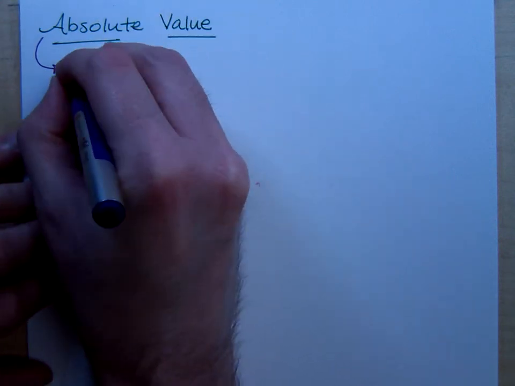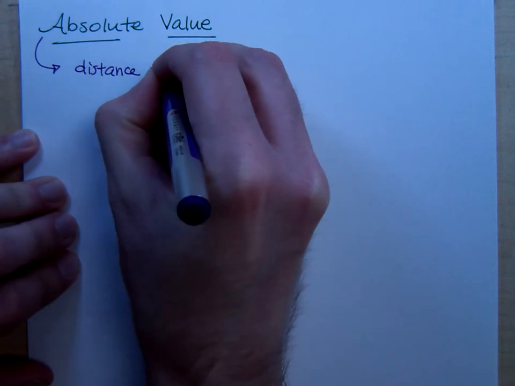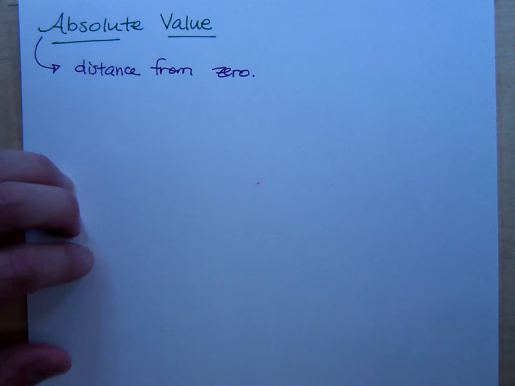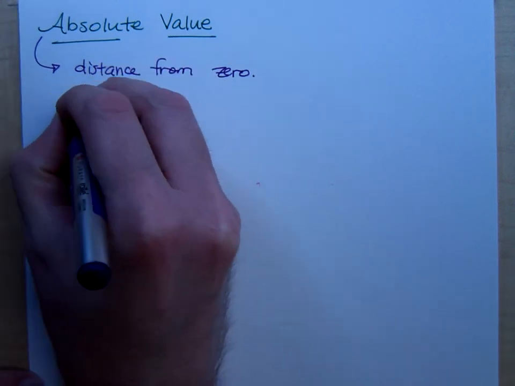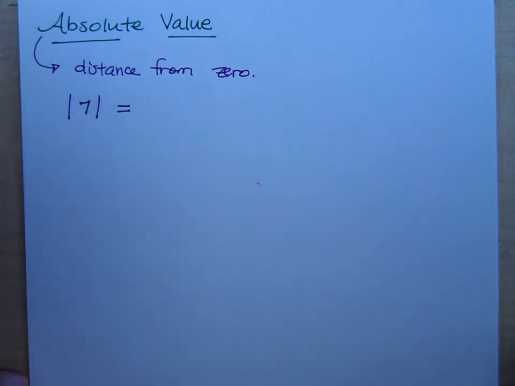Absolute value, remember, it measures the distance from 0. So when you're talking about how far away something is on a number line from 0, we can talk about its absolute value. If I have the absolute value of 7, it's not saying turn it into a positive number, it's saying how far away from 0 on the number line is 7.